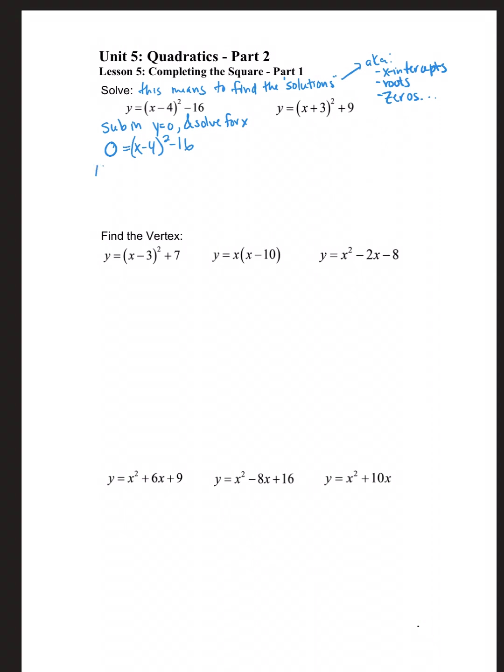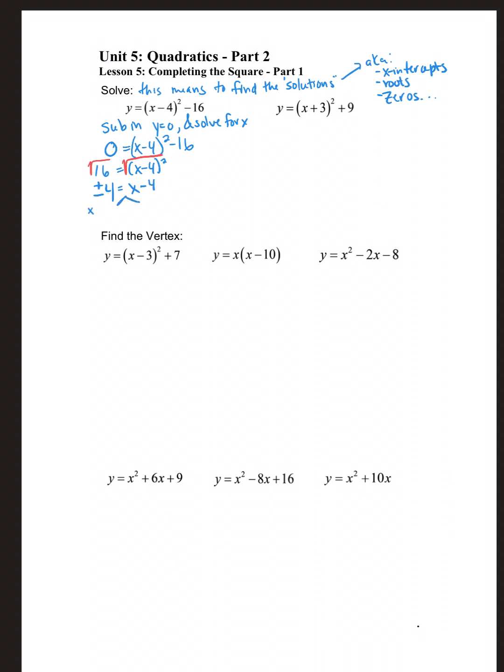So I'm going to add 16 to both sides. Okay, and then we'll take the square root to get rid of that power of 2. And remember, when we take the square root, it's going to result in the negative and positive version of whatever the square root is, which is 4. So plus or minus 4 equals x minus 4.